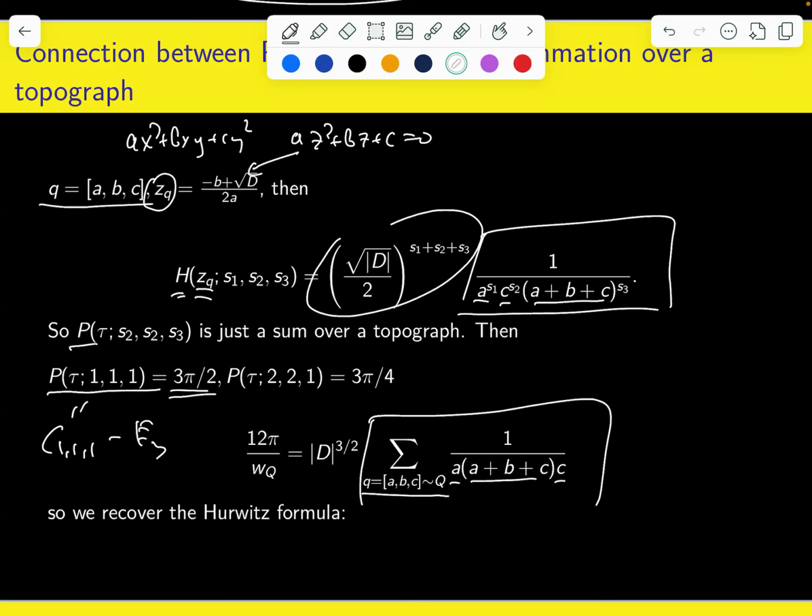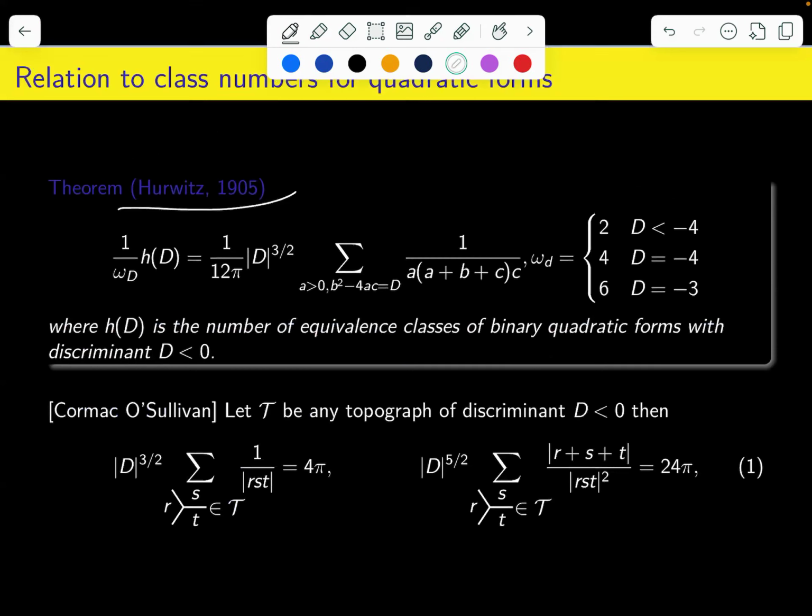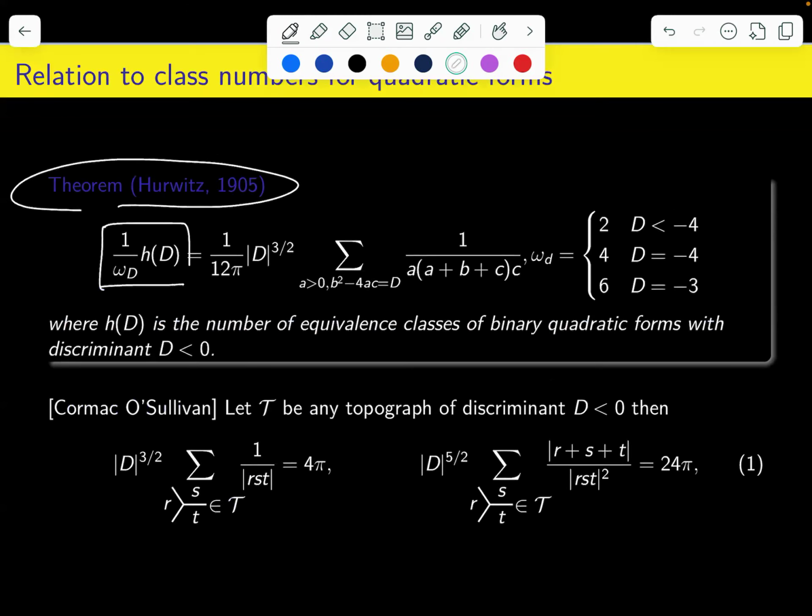So that's the Hurwitz formula. As you remember, the class number for the negative discriminant is a certain constant times this sum. Here I take all a, b, c, and that's exactly all the forms a, b, c with discriminant D, right?